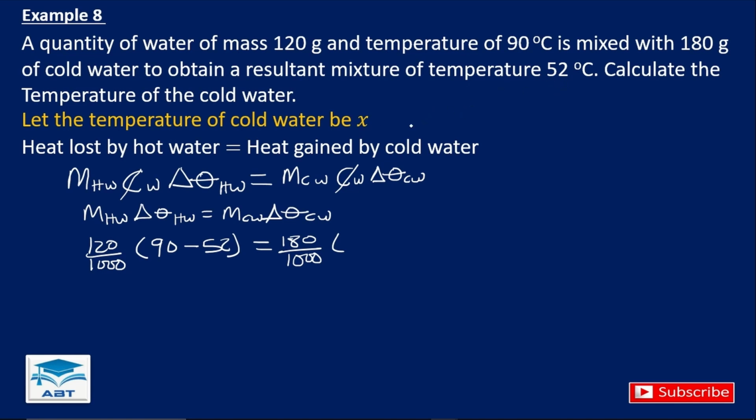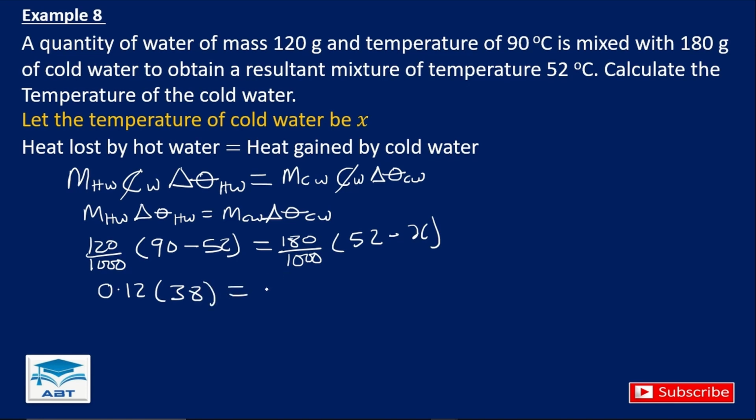So the change in temperature is going to be 52 minus X. 120 divided by 1000 is 0.12, and 90 minus 52 is 38.